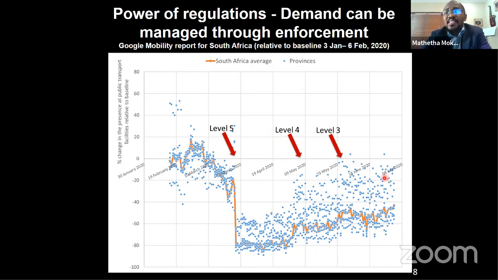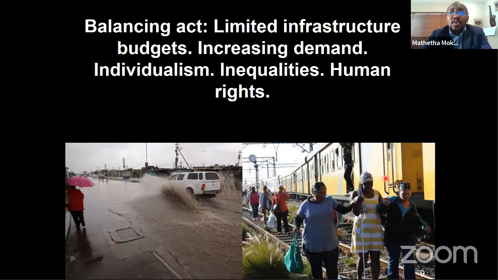But the point here is that enforced demand can certainly be influenced. But while you're influencing, you need to have some balancing acts. There are limited budgets. There's increasing demand.